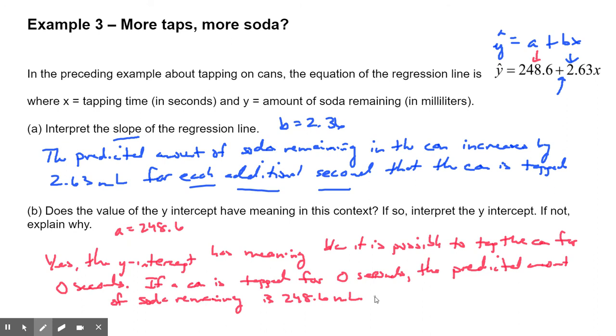There you go. If a can is tapped for 0 seconds, the predicted amount of soda remaining is 248.6 milliliters.